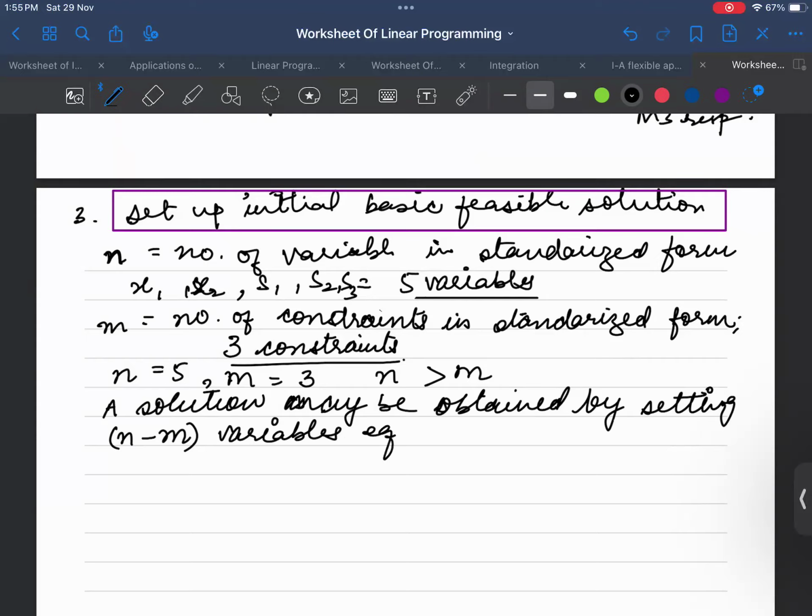equal to 0. As in the previous class, I explained how to calculate the initial basic feasible solution, but still I am explaining it in a different, more detailed way. If you have any doubt, please go to the previous video where you will understand this part too.